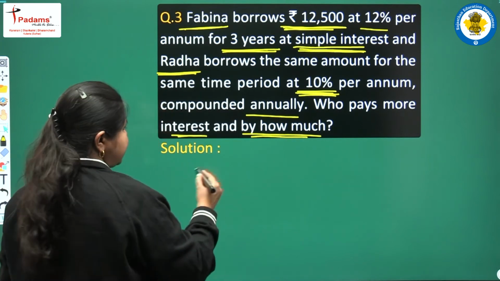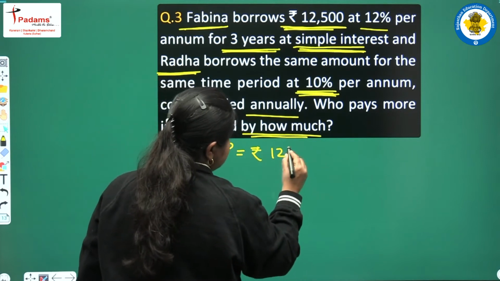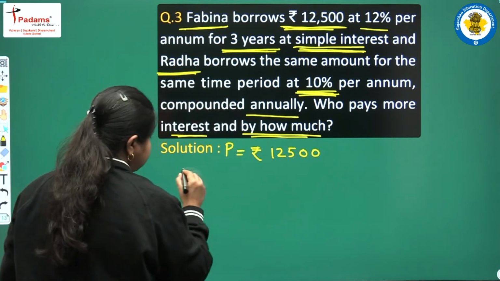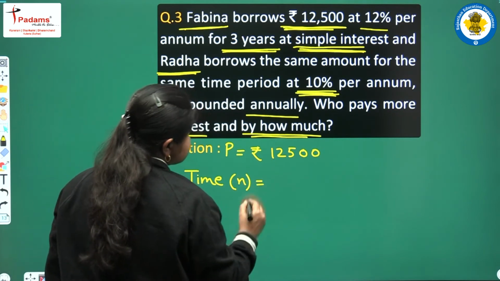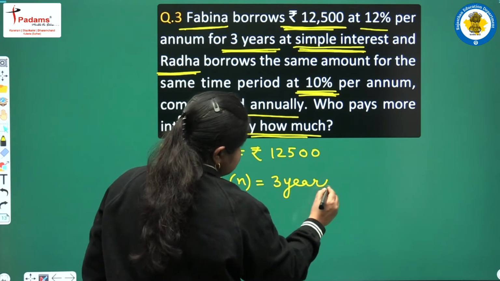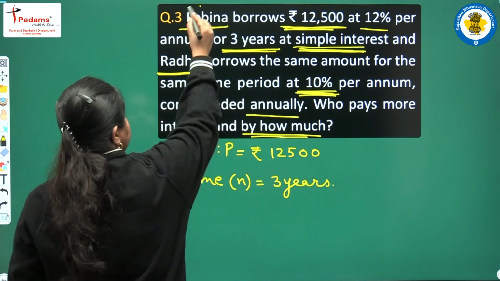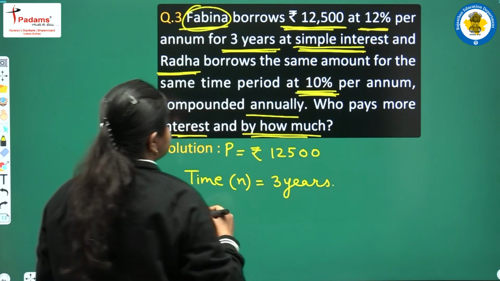Let us begin the solution. First we write the principal, which is rupees 12,500. Then the time is also same. N. It is same 3 years. Then first we take the case of Fabina, जहाँ पर आप देखेंगे रेट है 12%. ठीक है.